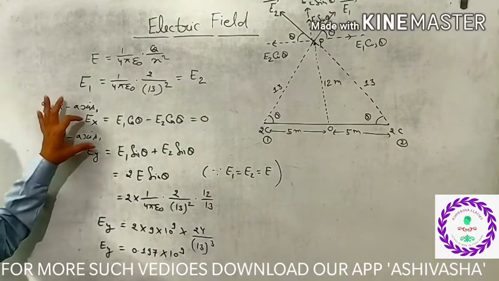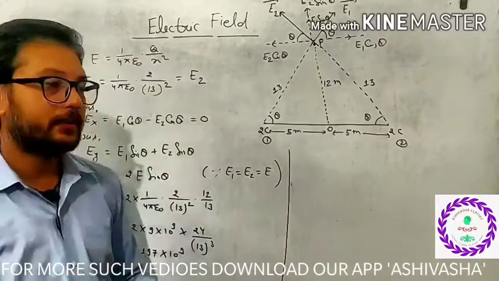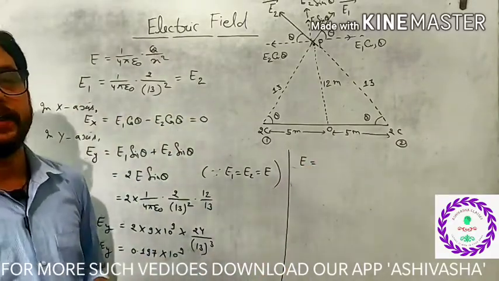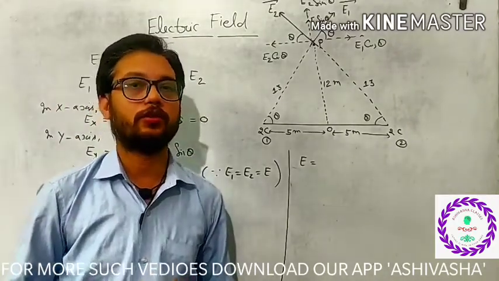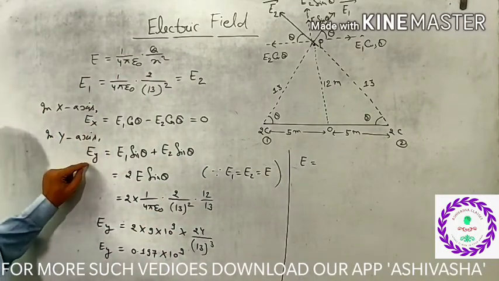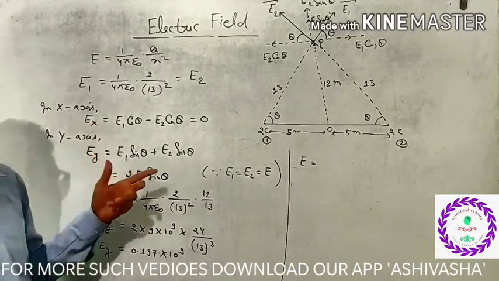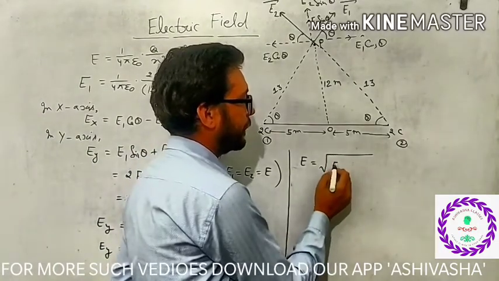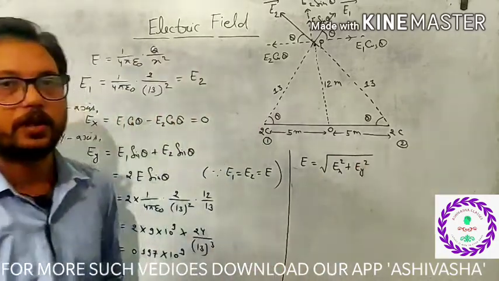Now if we have Ex and Ey, we can find the final resultant by applying the formula for resultant, that is R square equals a square plus b square plus 2ab cos theta. This is a, this is b, and theta, we know the angle between the x axis and y axis is 90. So we have directly the square root of Ex square plus Ey square.